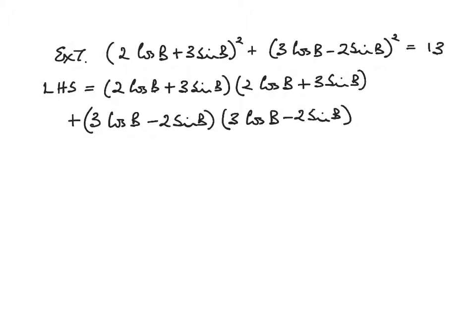Now I'm going to start to expand. I'll show the multiplication for the first 2 brackets only. So 2 cos b times 2 cos b, that's 4 cos squared b. Then 2 cos b times 3 sin b, 2 times 3 is 6, and that's sin b cos b.